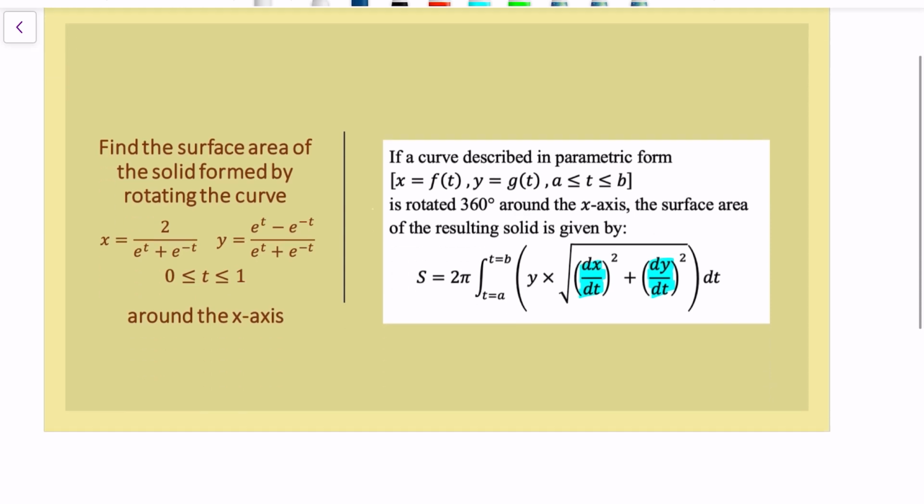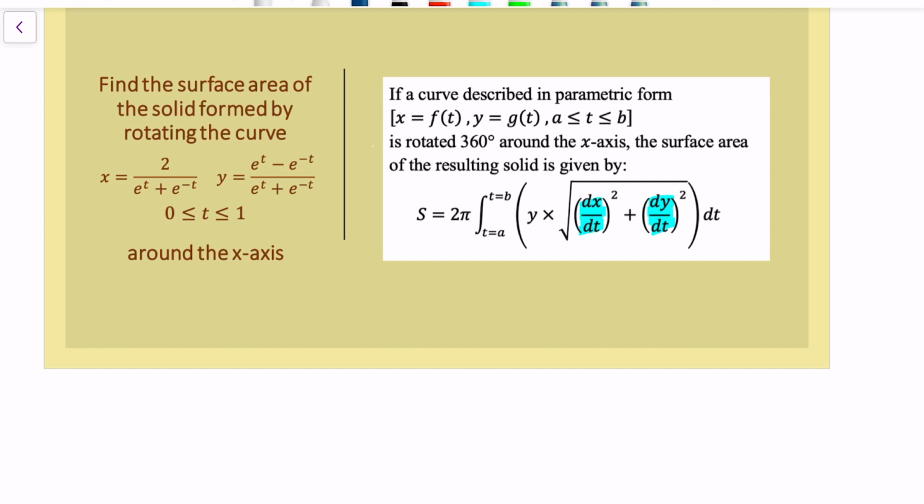So first up, let's find those derivatives. For dx/dt, let's just use the chain rule.